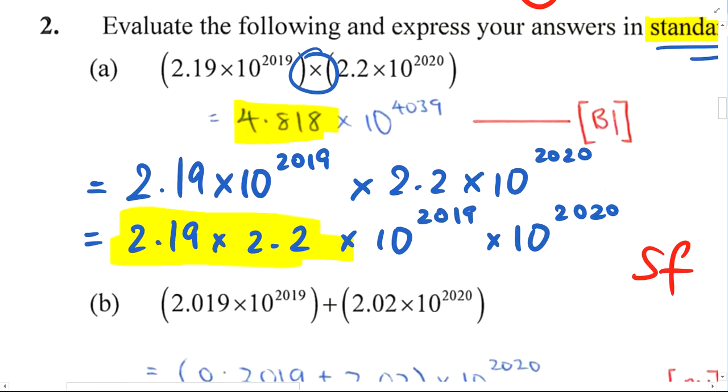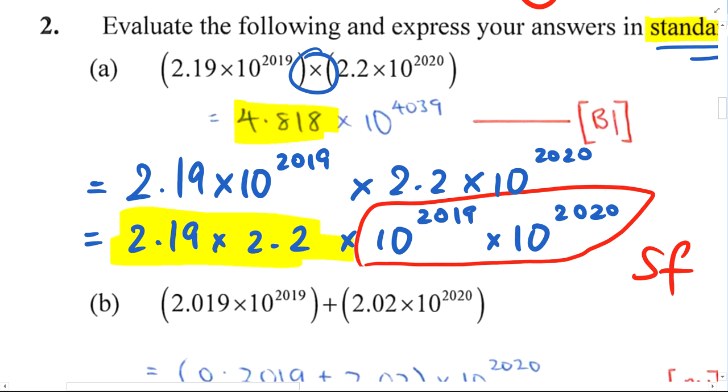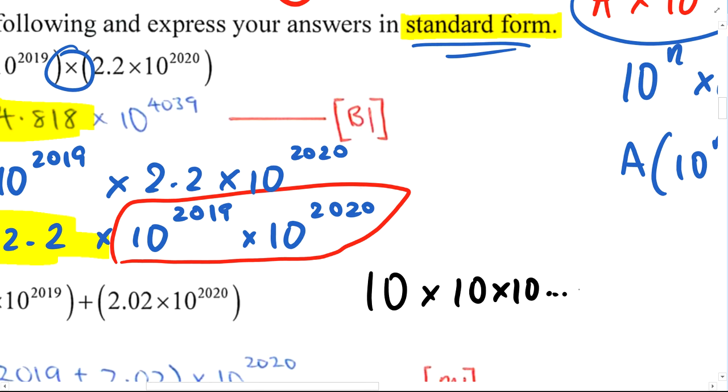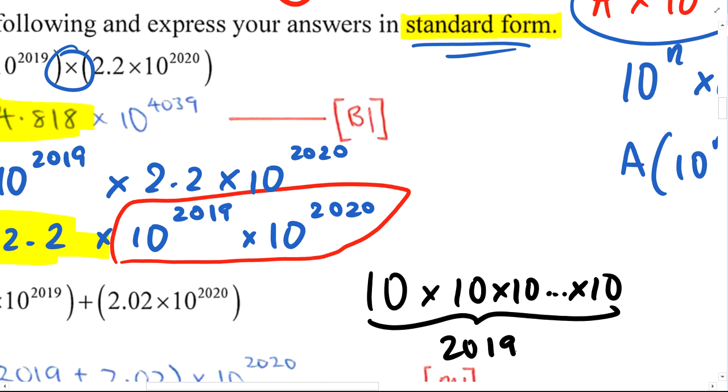Okay, so the next part. 10 to the power of 2019 times 10 to the power of 2020. This is the same as 10 times 10 times 10 times 10. There are so many of them. There are 19 of them.